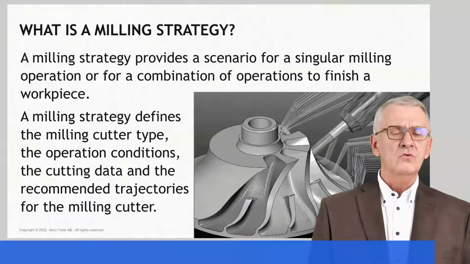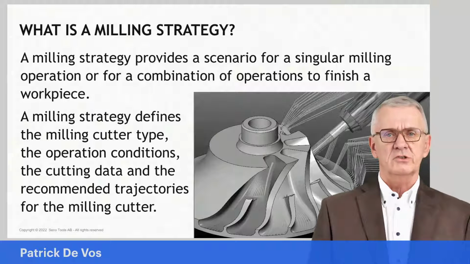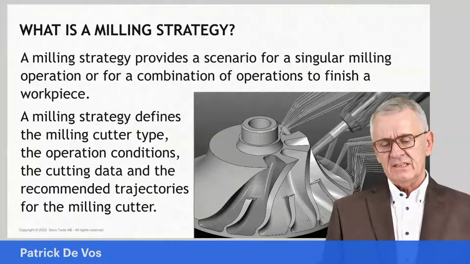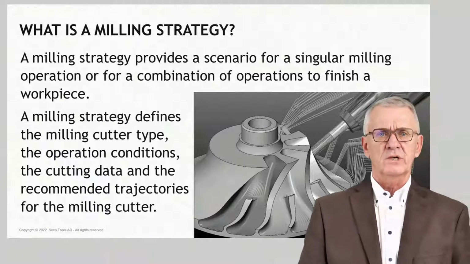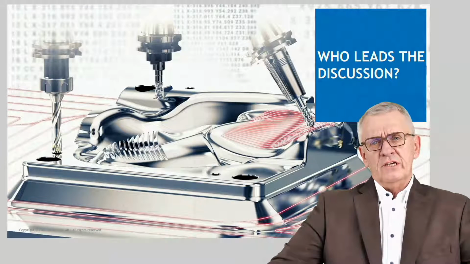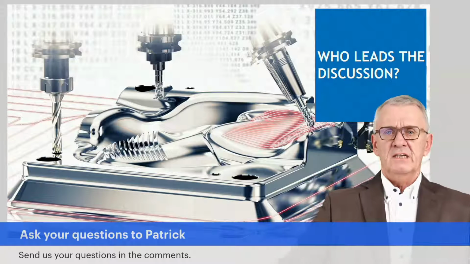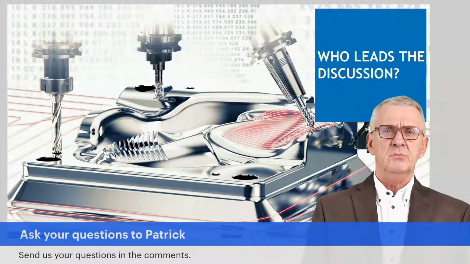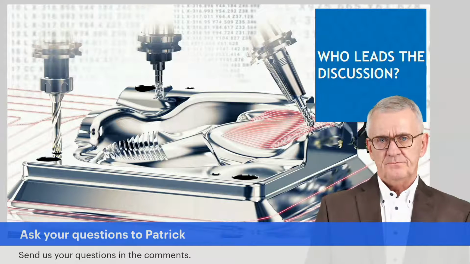It's about the movement you have to give to the milling cutter, the tool path you want to have during the operation. Those are the things we talk about when we talk about milling strategies. And talking, I'm being polite here if I say talking, because very often when it's about milling strategies, it's about discussing.